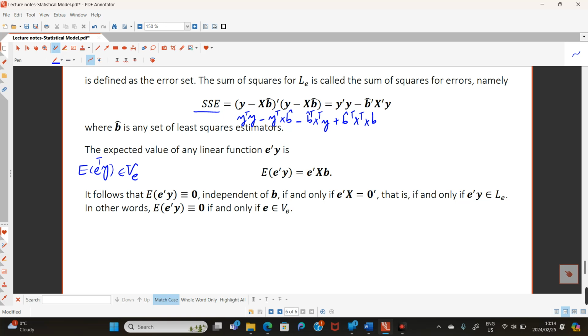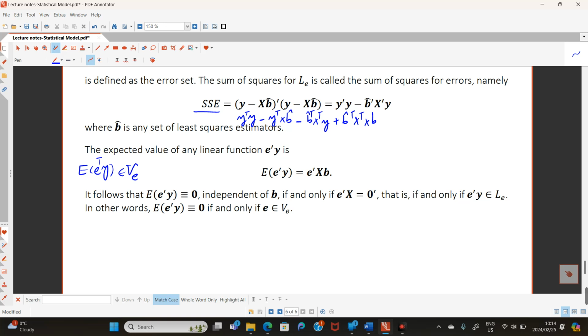Also, the expected value of a prime y is equal to 0. Why? Because these two are orthogonal to each other. Since they are orthogonal, the expected value is equal to 0, and it is independent of b. So any choice for b will give this result if and only if e prime x is equal to 0.